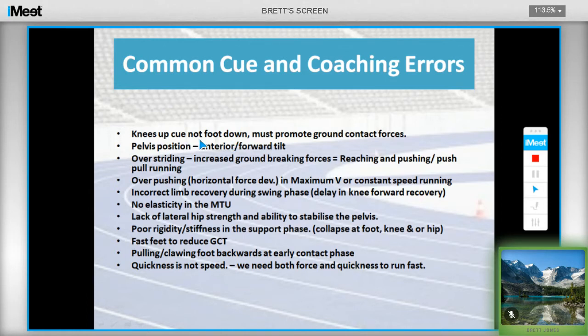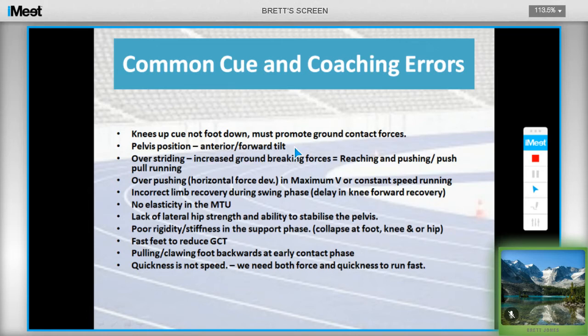My thoughts these days move towards teaching athletes to put their foot down and to promote increasing their ground contact forces. The other key thing that I really like to emphasize is pelvis position, making sure that they're in nice neutral tilt and that they're not anteriorly or forward tilted through their pelvis. And this is quite common, that we see quite a large lordosis occurring through increased pelvic tilt.